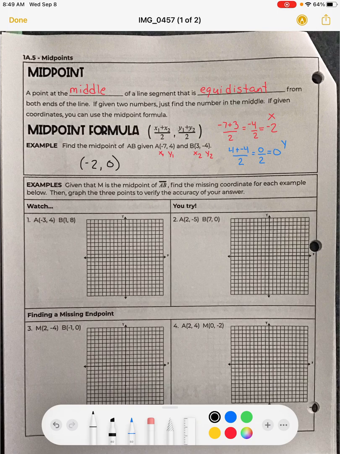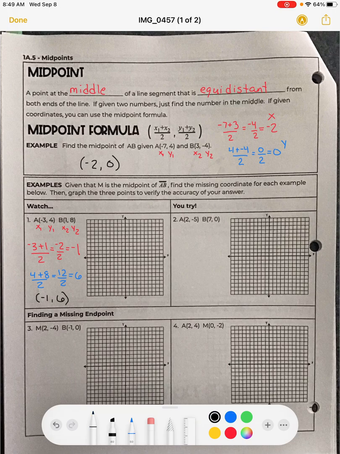We're going to do the same thing using that formula, with this being our x1 and y1, our x2 and y2. We do the x's first, -3 plus 1 divided by 2, which is -2 divided by 2 equals -1. Then my y's, 4 plus 8 divided by 2. That's 12 divided by 2 equals 6. So my midpoint should be -1, 6.